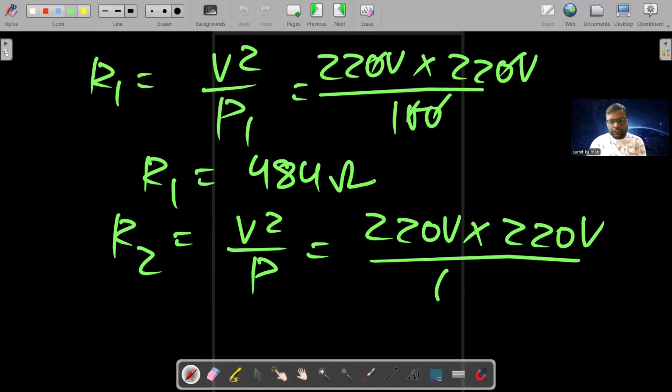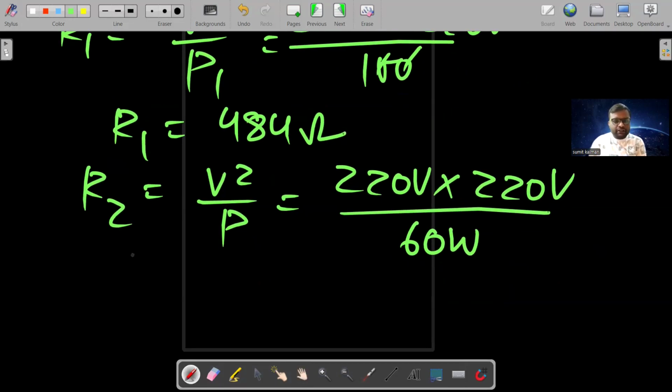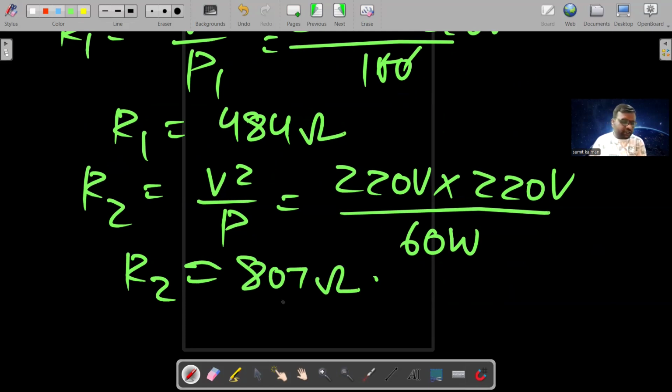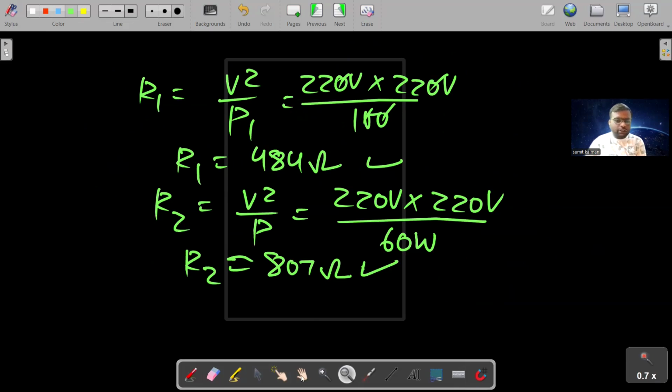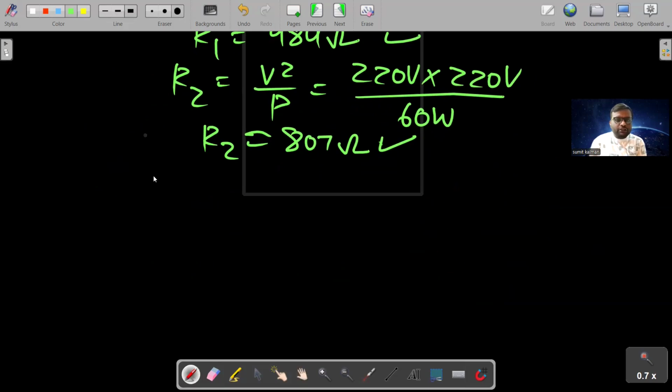If you calculate this, we get a resistance of approximately 807 ohm. Is this clear? So the resistance for the first bulb is 484 ohm, and for the second bulb it is 807 ohm.